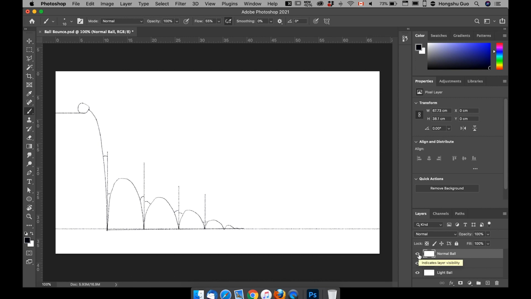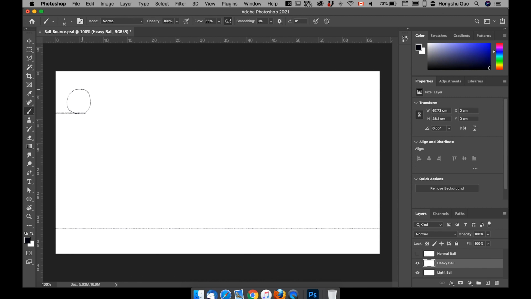Now let's go to the second example, which is going to be a heavy ball. Let's draw maybe a bigger, heavier ball here. When this heavy ball falls, it's going to fall in a curve, something like this, and fall on the ground. It's going to probably bounce, and then bounce like this.